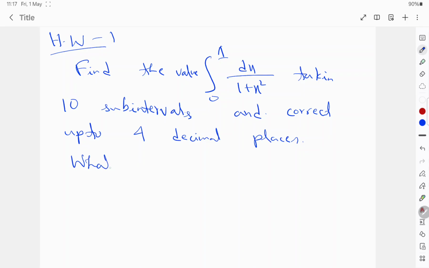You can make this table horizontal instead of vertical, it is your choice. Whenever you make this table it takes maximum 3 to 4 minutes. What is the error? Because you know this is integrable, the tan inverse x is the value, so this value is pi by 4, so you can find the error also, using trapezoidal.